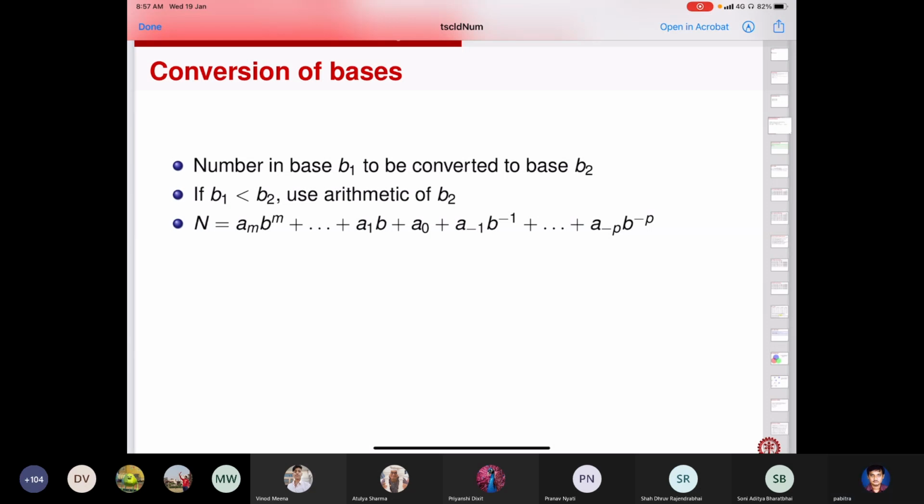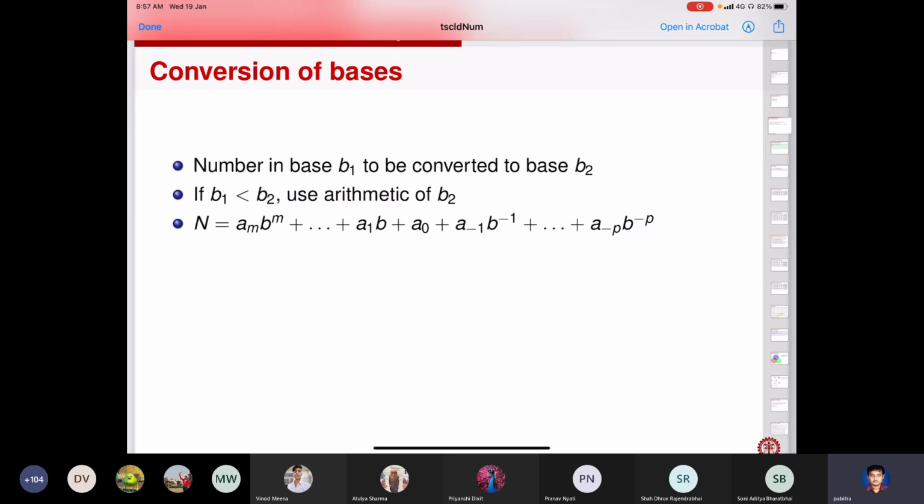Okay, so let's look at the rules for this base conversion. Suppose I want to convert a number in base B1 to its representation in base B2.